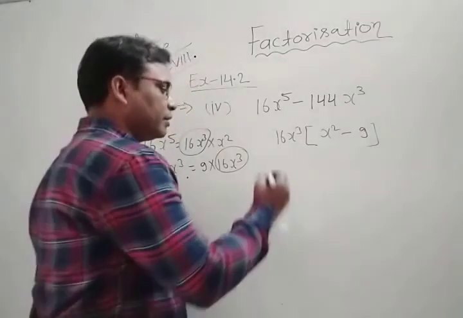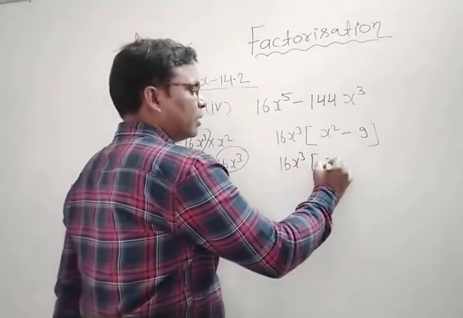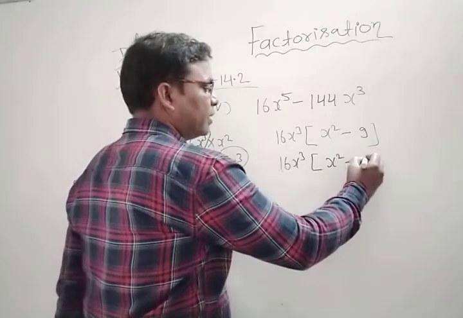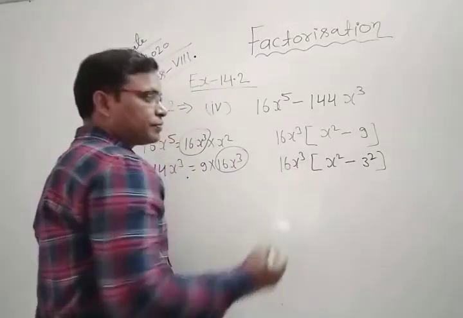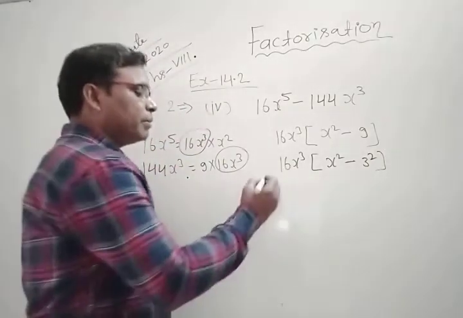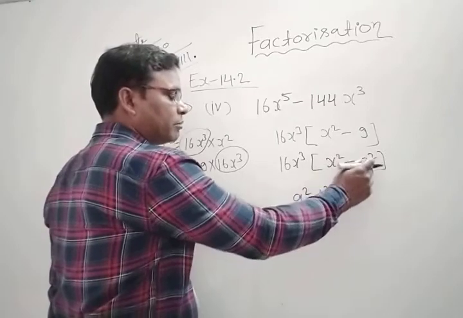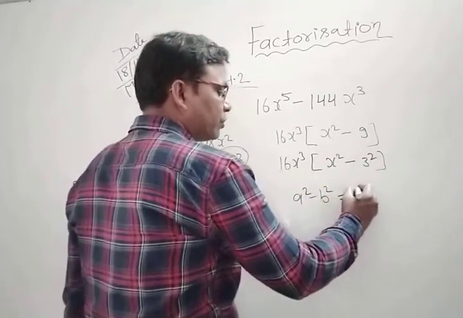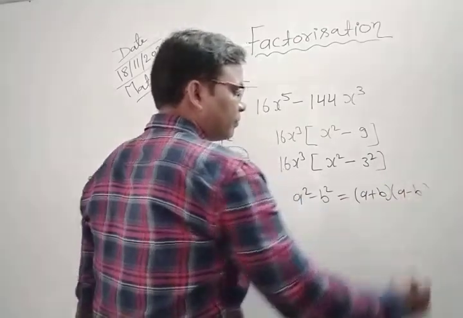Also you can write it as 16x power 3 into (x square minus the square of 3), since 9 is the square of 3. This is the form of a square minus b square, which is equal to a plus b into a minus b.